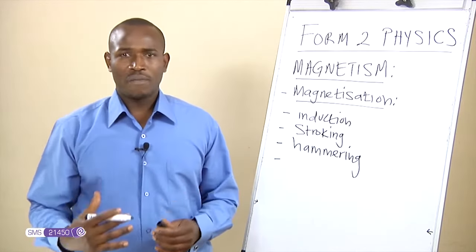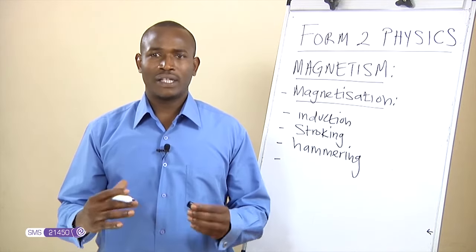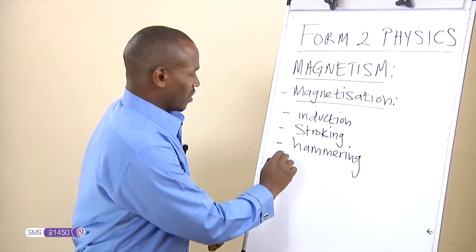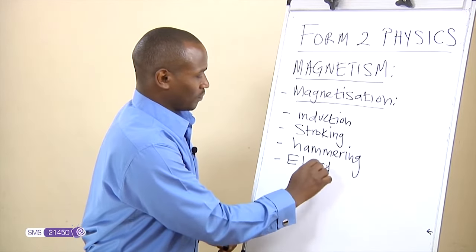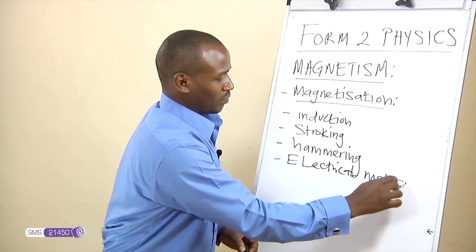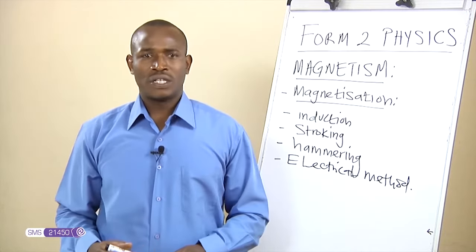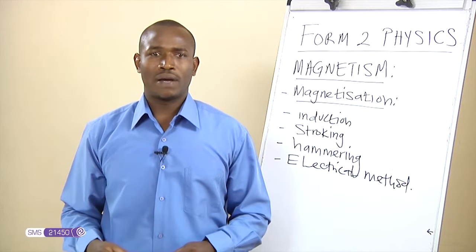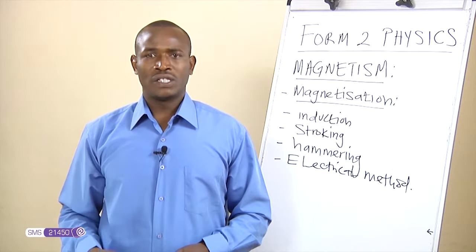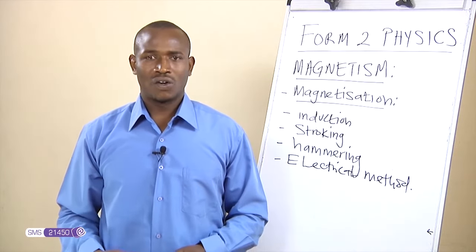And the fourth method is the electrical method. So basically, these four methods can be used to make a magnet: the induction method, the stroking method, the hammering method, and lastly, the electrical method.